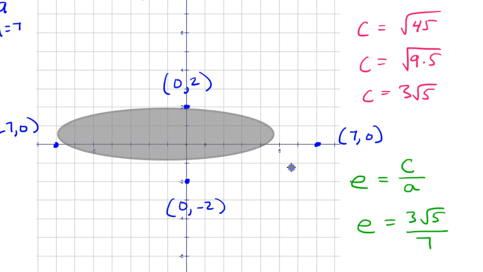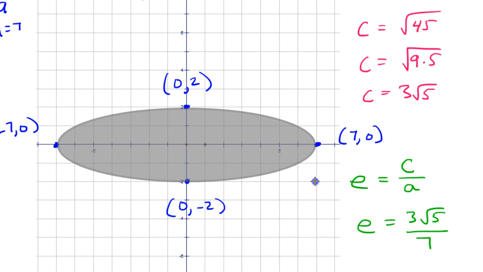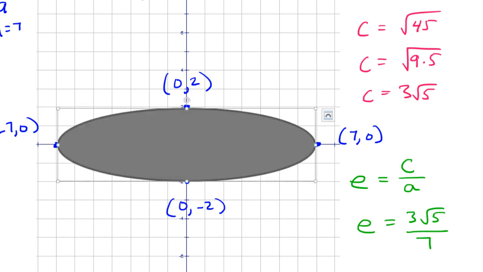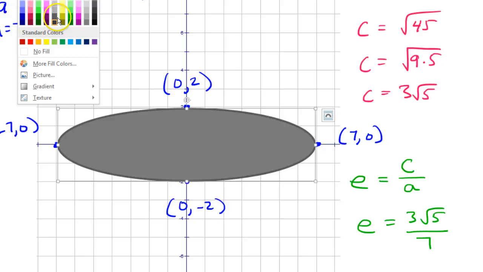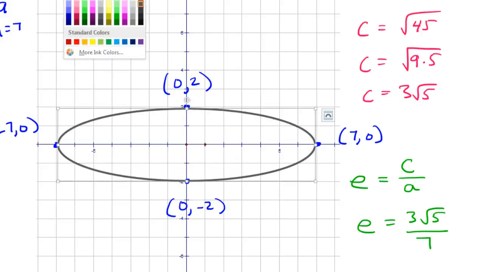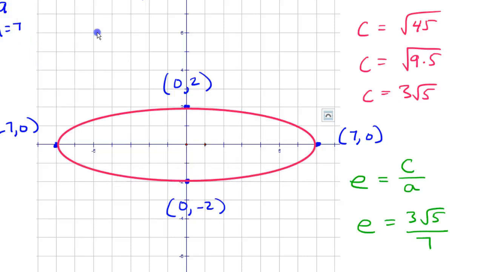It's doing this type thing right here. Okay, that is what our ellipse is going to look like. So the foci are always going to be on the major axis. Okay, they're always going to be the long way.